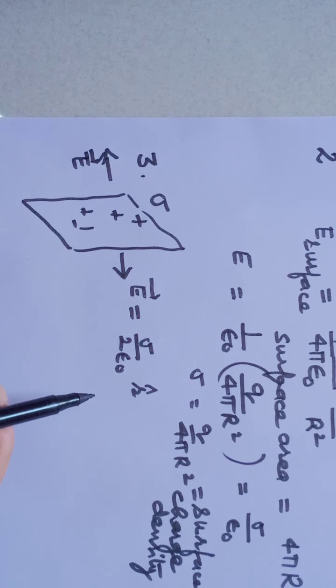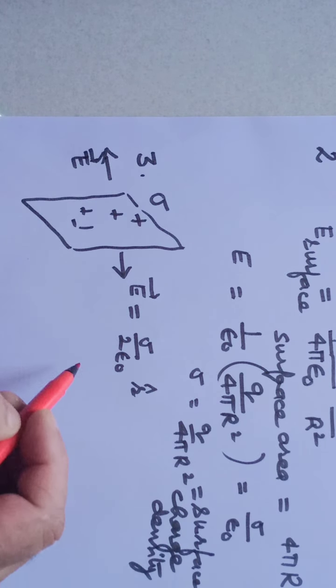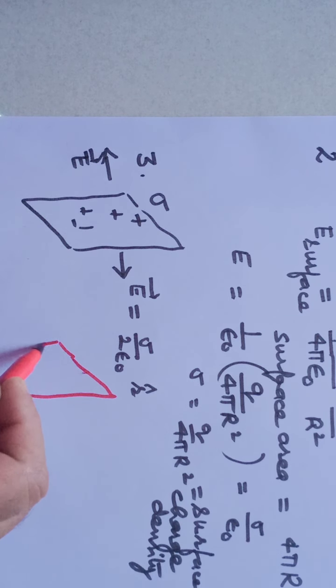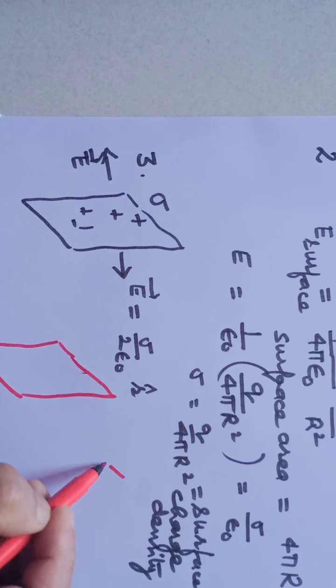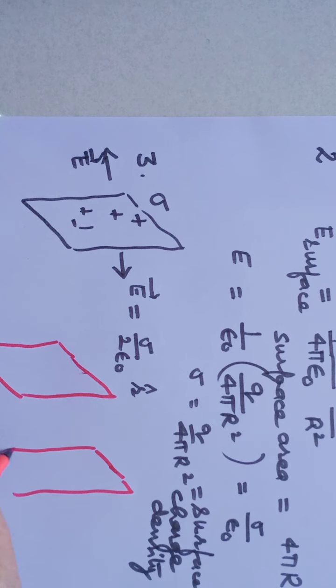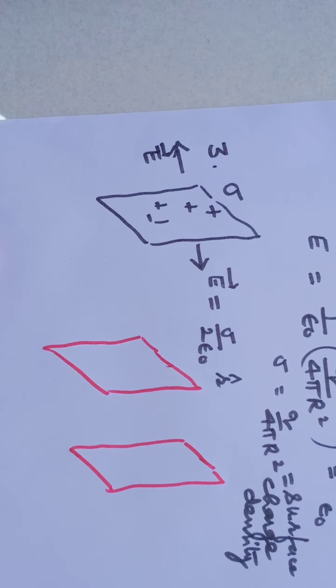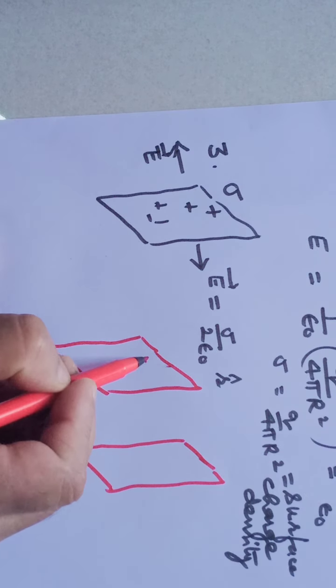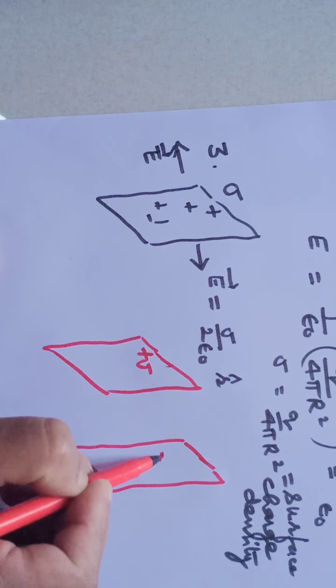This is the value. So let us take two sheets here. Instead of one sheet, we take two sheets having charge densities plus sigma and minus sigma.